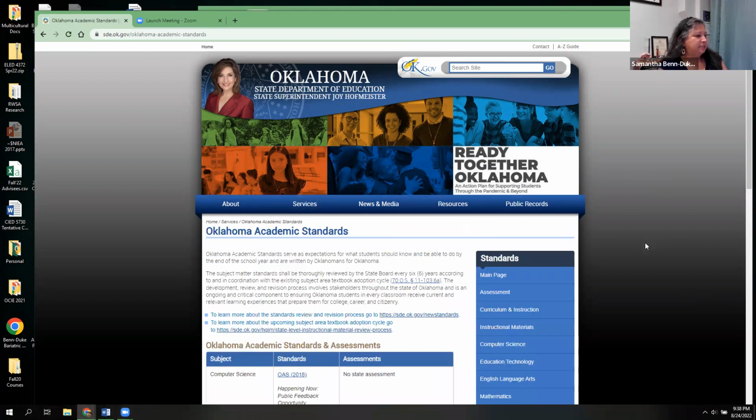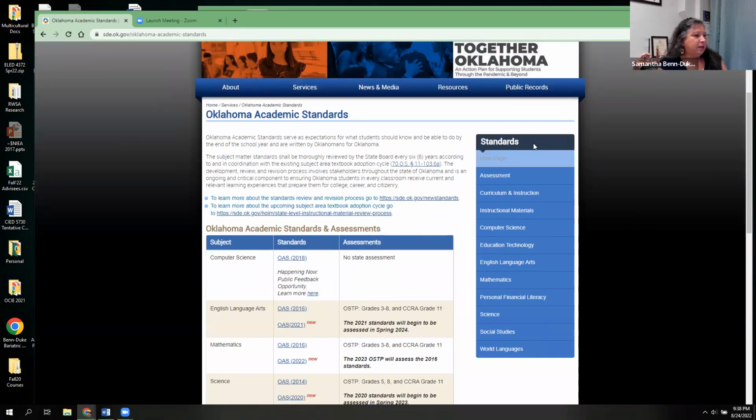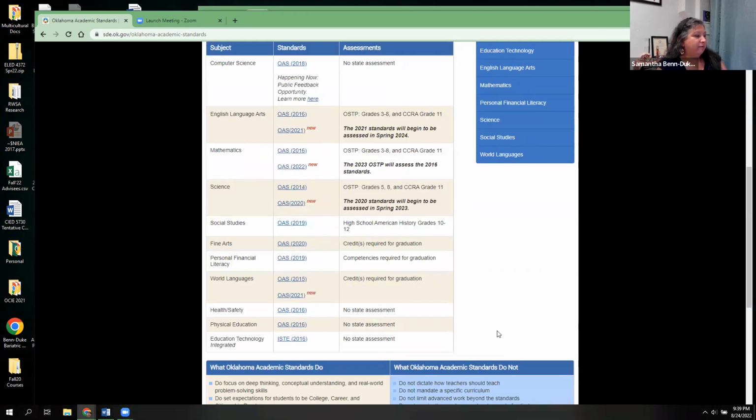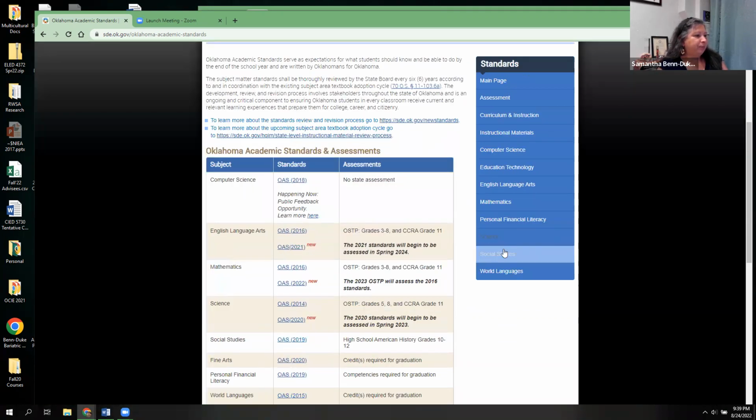So on academic standards, then we can go here to the main page to find what we need, in this case, social studies. We can also access this way, and notice that these are Oklahoma academic standards from 2019. So this is the most recent version of the standards that are available to us on here.